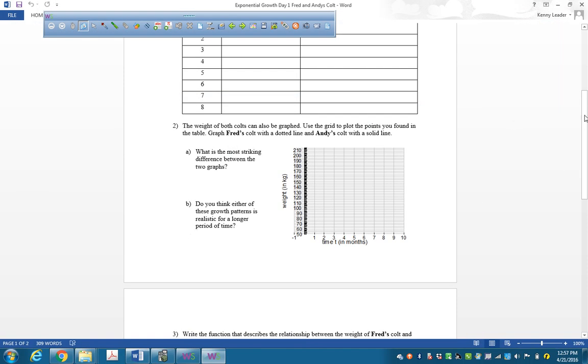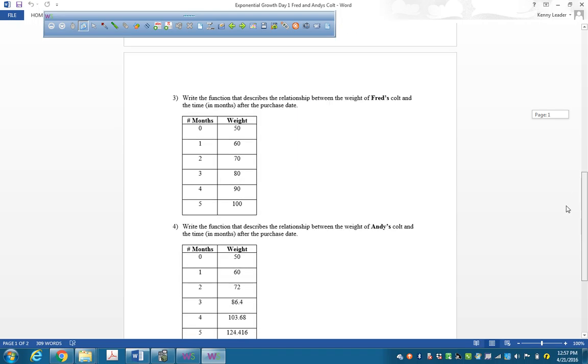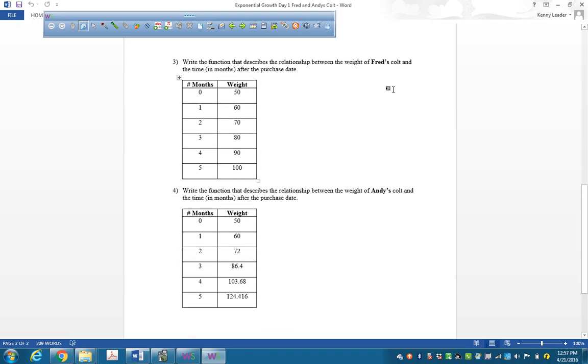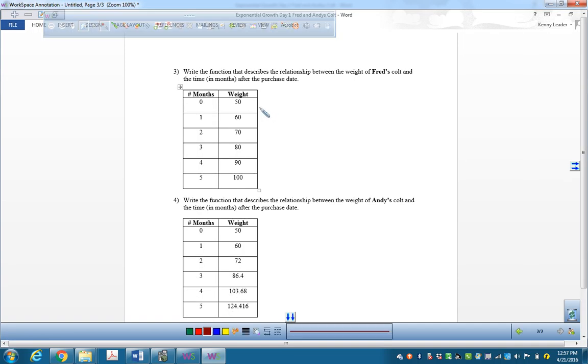What do we got here, okay? Write the function that describes the relationship. So you should be able to do this because this is changing by how much each time? 10, okay? So this is called a linear function, and it's y equals mx plus b. Where did this graph start?